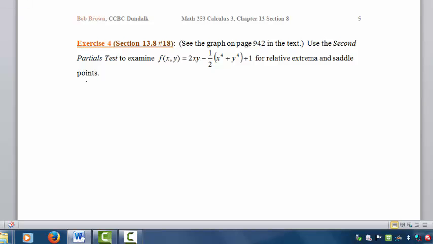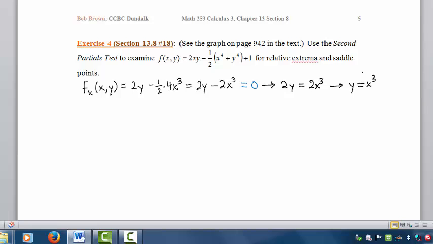The partial of f with respect to x is the following. We set that equal to 0. We can isolate y. Now let's find the partial of f with respect to y.